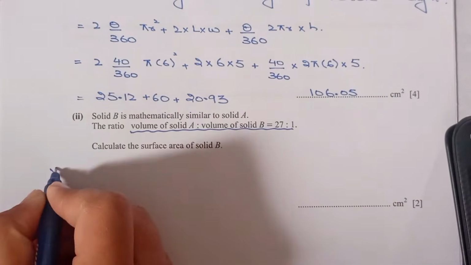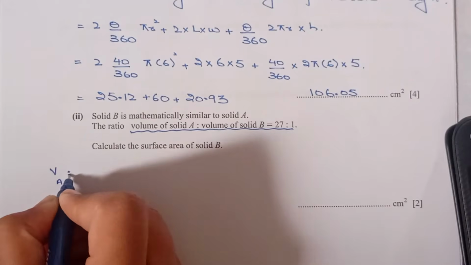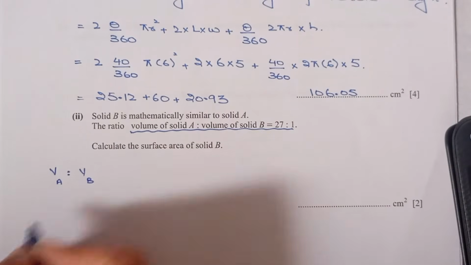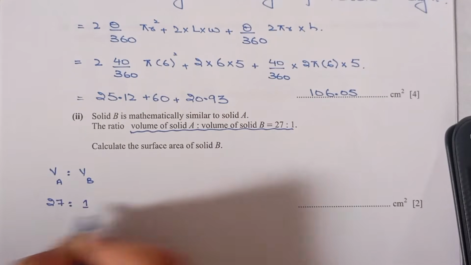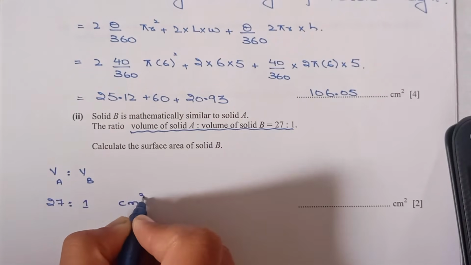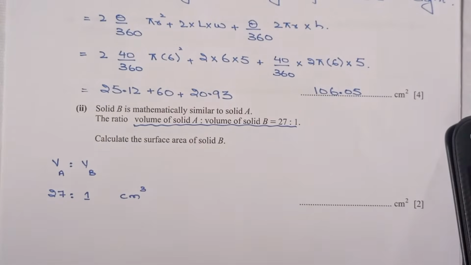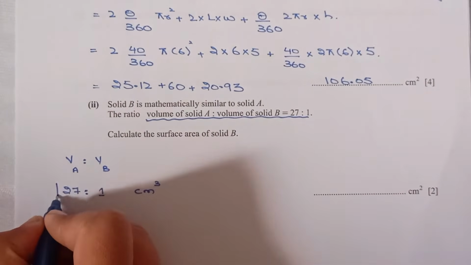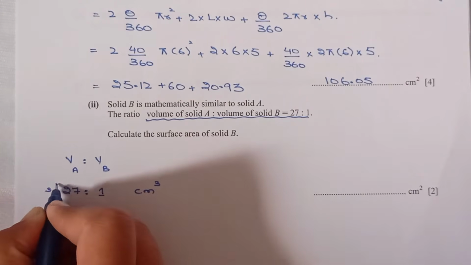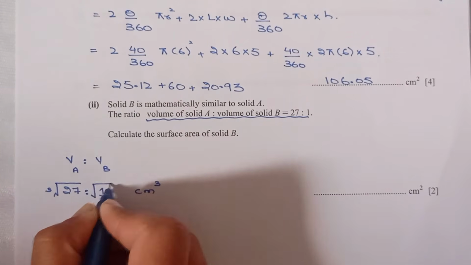We can say that the volume of A to the volume of B is 27:1, and we know that volume is in centimeters cubed, right? To find the ratio of sides, we can take the cube root on both sides to get the ratio of sides.